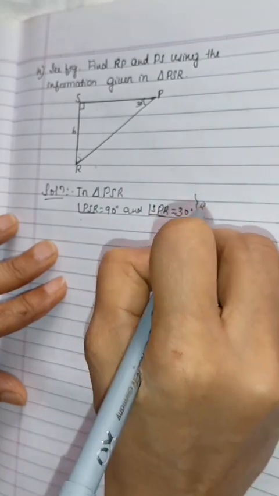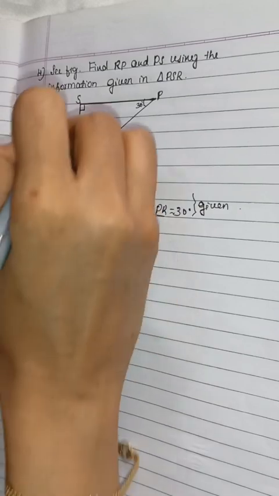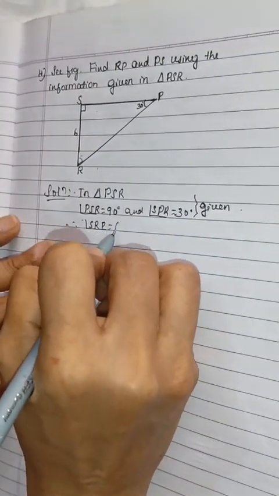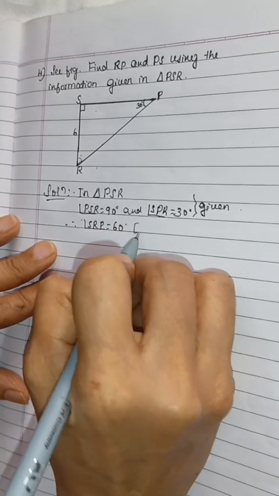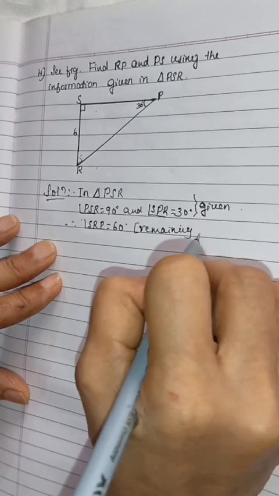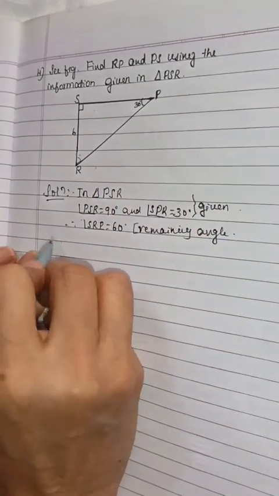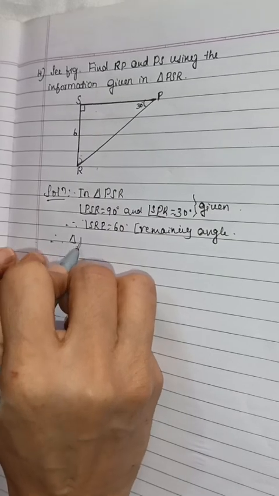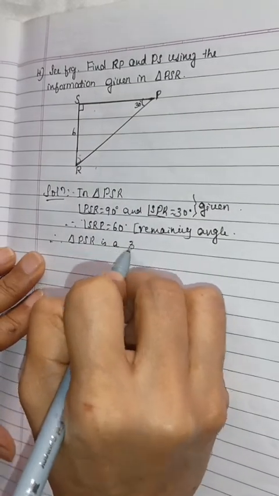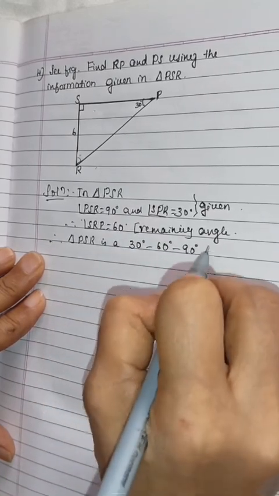This is given. Okay, therefore angle SRP is 60 degrees because this is the remaining angle. Okay, therefore triangle PSR is a 30, 60 and 90 degree triangle.